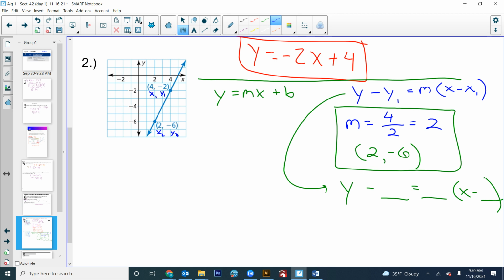Gavin, what goes in this y1 spot? Negative 6. Good. Ethan, what goes in the m spot? Oh, I said Ethan. I meant Evan. I'm sorry. What goes in for m right here? 2.